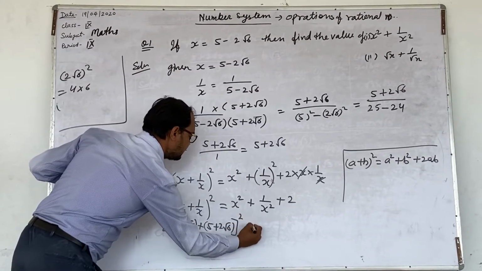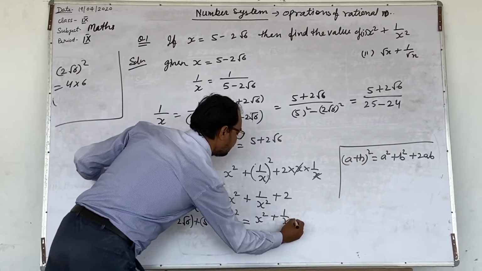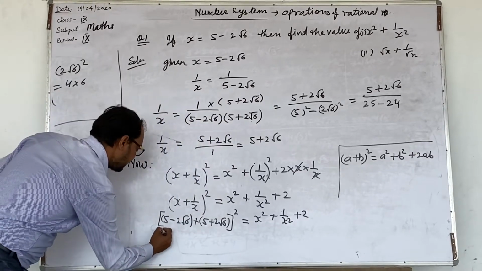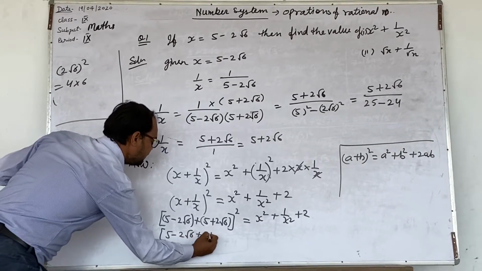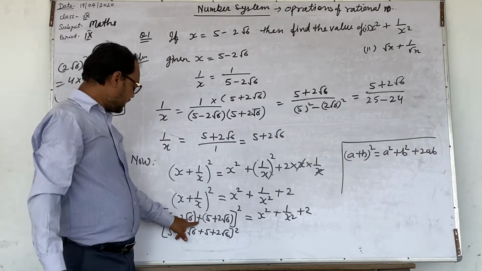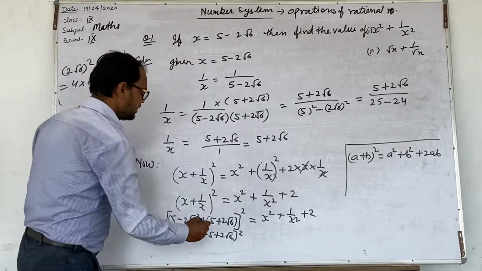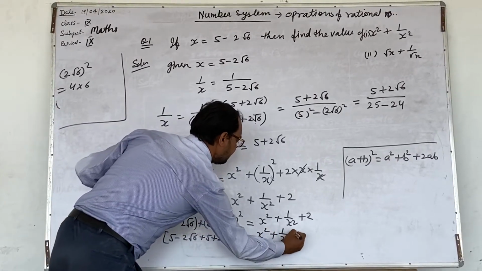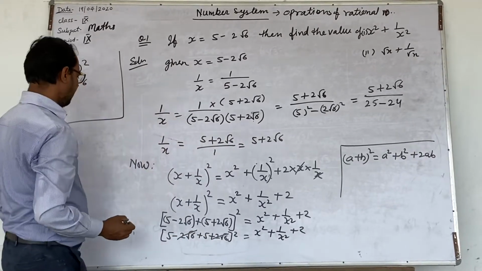Whole square is equal to x square plus 1 upon x square plus 2. Now simplifying this, we get 5 minus 2 root 6 plus 5 plus 2 root 6, and this will be cancelled out.